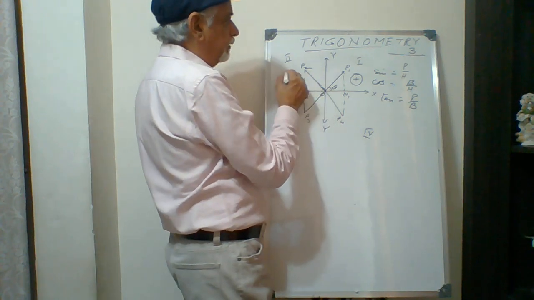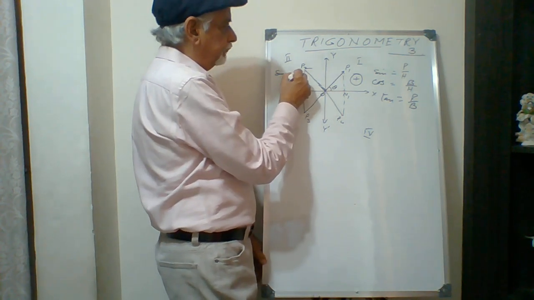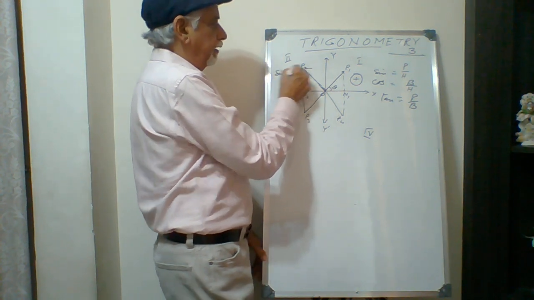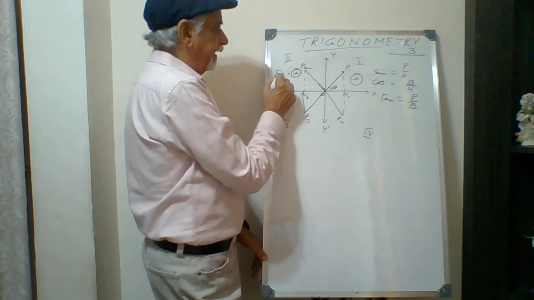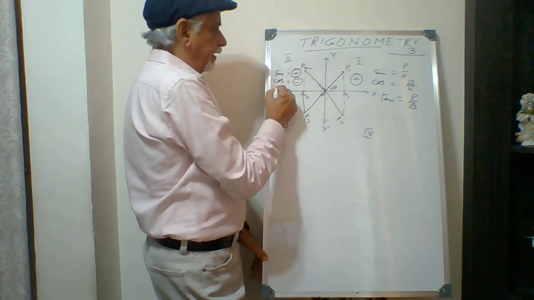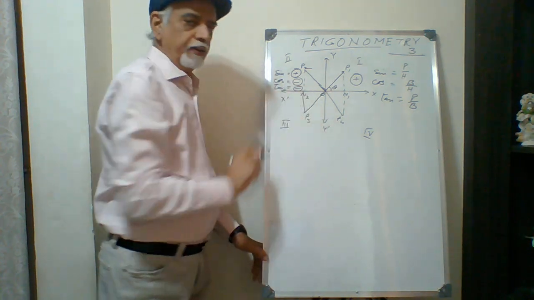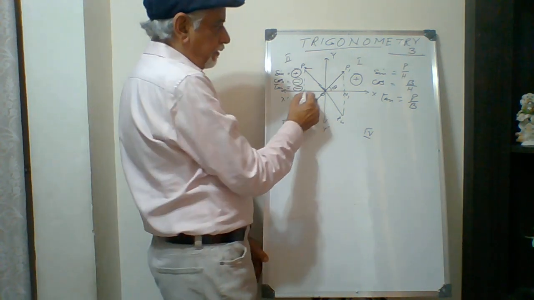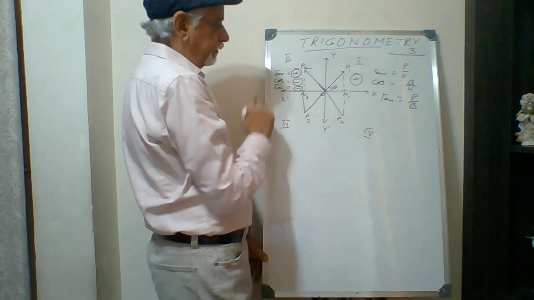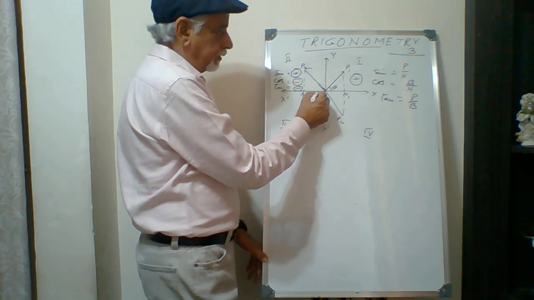So what will happen? The sine ratio will remain positive here. Then cos will be negative because base is negative, and tan will also be negative because it also requires a base. Here, ON is negative, PN is negative, or P3N is negative, but the OP ray is always positive, right?